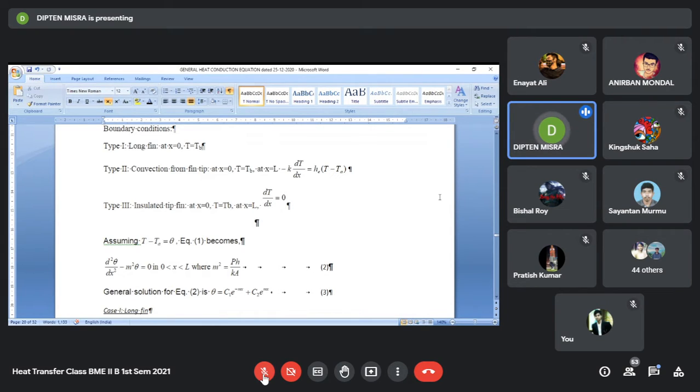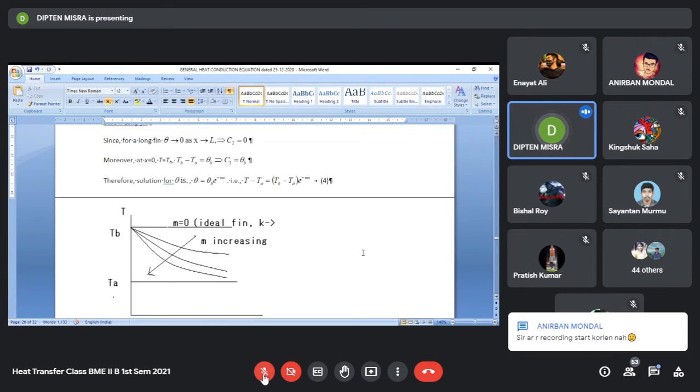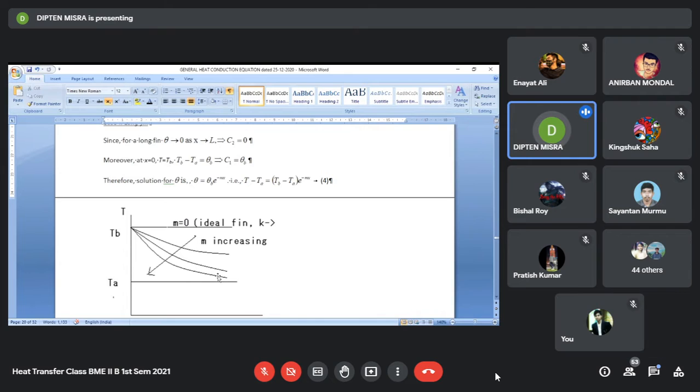As you can see here, as you move away from the base, the tip temperature is approaching the ambient temperature. So there is a very negligible amount of heat loss in this region of the fin, where the temperature difference between the fin and the ambient temperature is becoming very small.